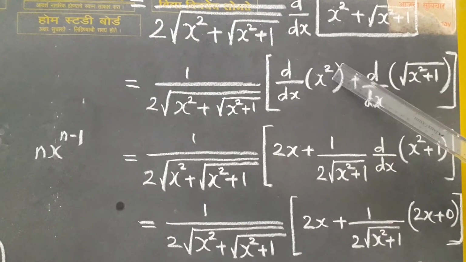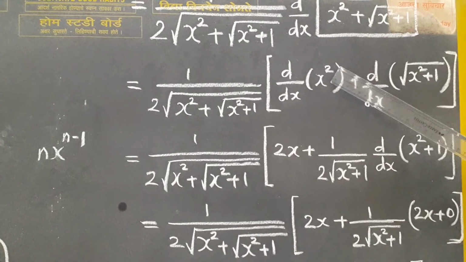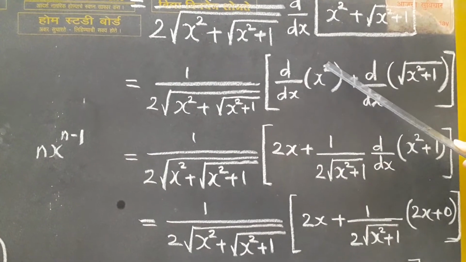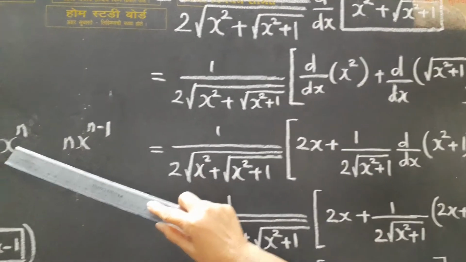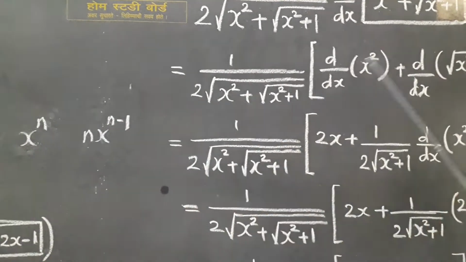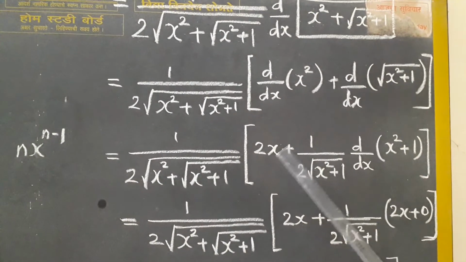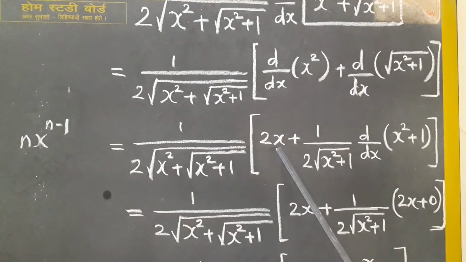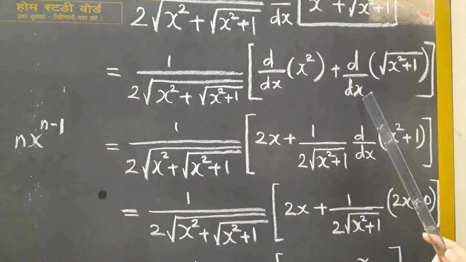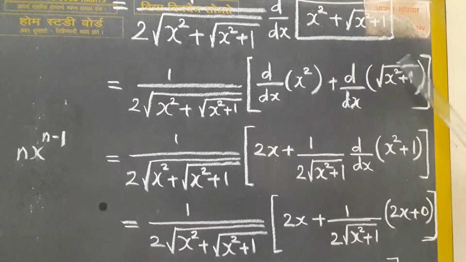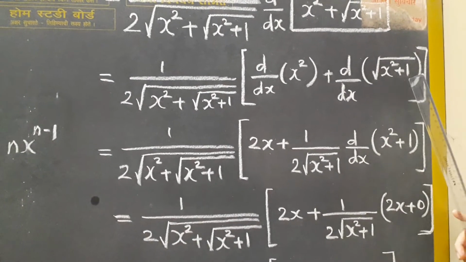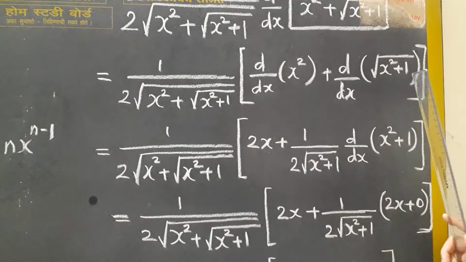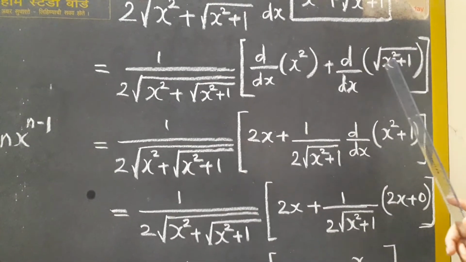So we just ask what type of expression. It is of the type x raised to n. Directly it is of the type x raised to n. So we make use of the formula and get the answer as 2x. Now it's a question of finding out the derivative of the second term. Now what type of function is it?